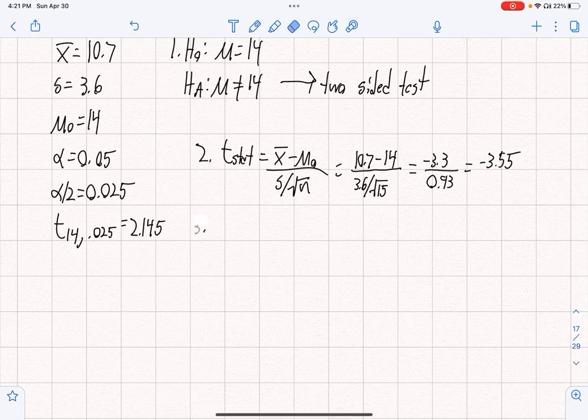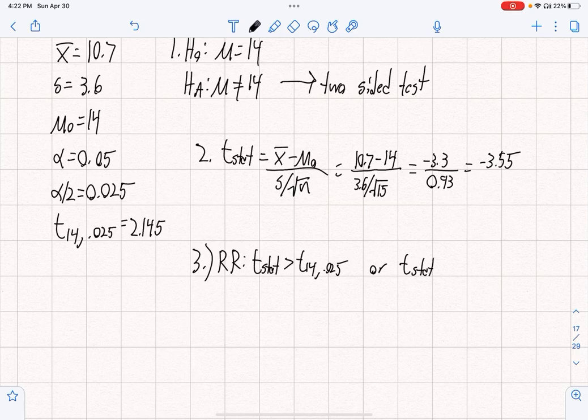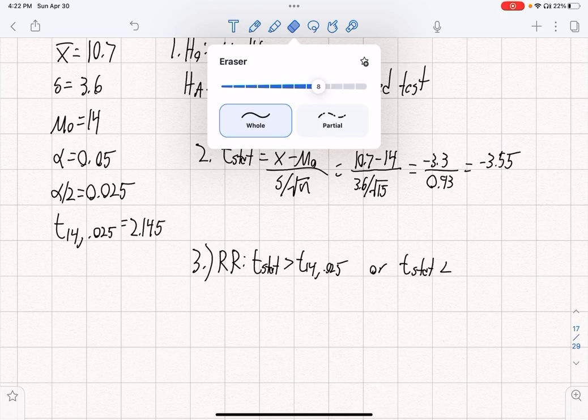Rejection region. This is two-sided, so we're going to have two areas for the rejection region again. The rejection region will be either t-stat bigger than t with 14, 0.025, or t-stat less than... actually, I'm switching these around.